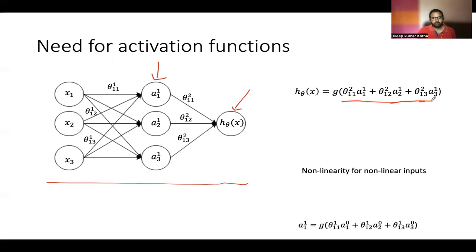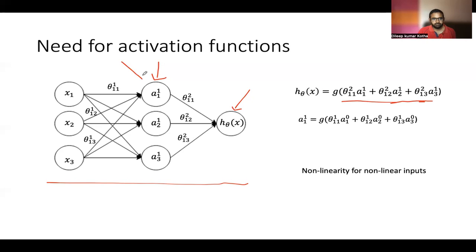And if we move ahead and ask where this neuron is getting its values from, it is also a summation of weights multiplied by the input features. So this is also a linear function. Now, if you replace A11 with this equation, it might look nonlinear, but it is not a proper nonlinear one.